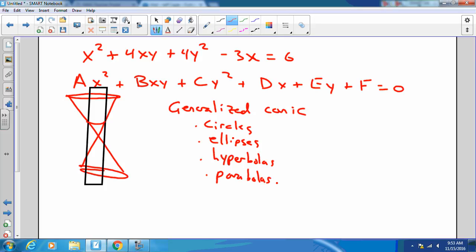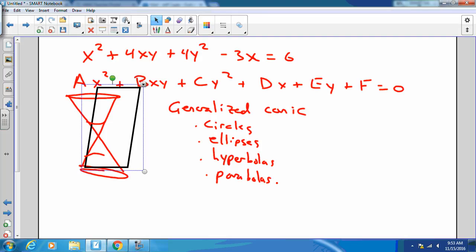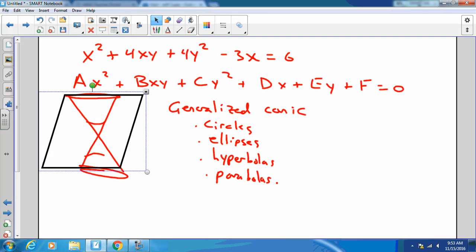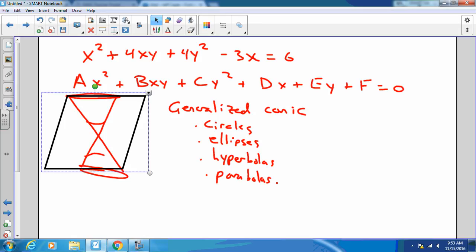that's horrible. Let's have our plane pass through like this. If our plane passes through like this, so that it intersects the cone like so, then what you're going to get is a hyperbola for your conic section. Make our plane wider. So it cuts through like this, and what you're going to get is a hyperbola because you're cutting through the cone.